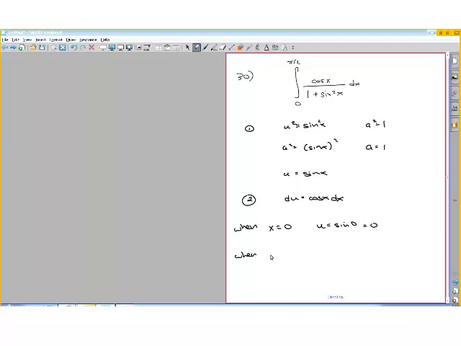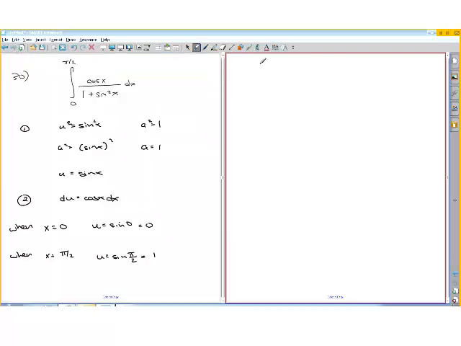When x equals pi over 2, u equals the sine of pi over 2, and the sine of pi over 2 is 1. Again, you just plug it into your calculator. Make sure you're in radians. Hopefully you remember that the sine of pi over 2 is 1, the cosine of pi over 2 is 0. But in case you didn't, you can use your calculator.